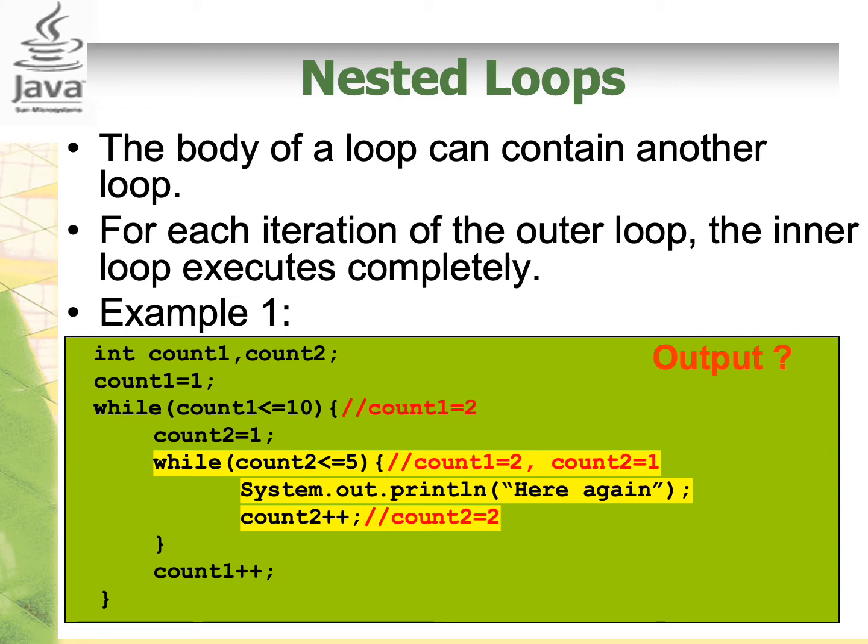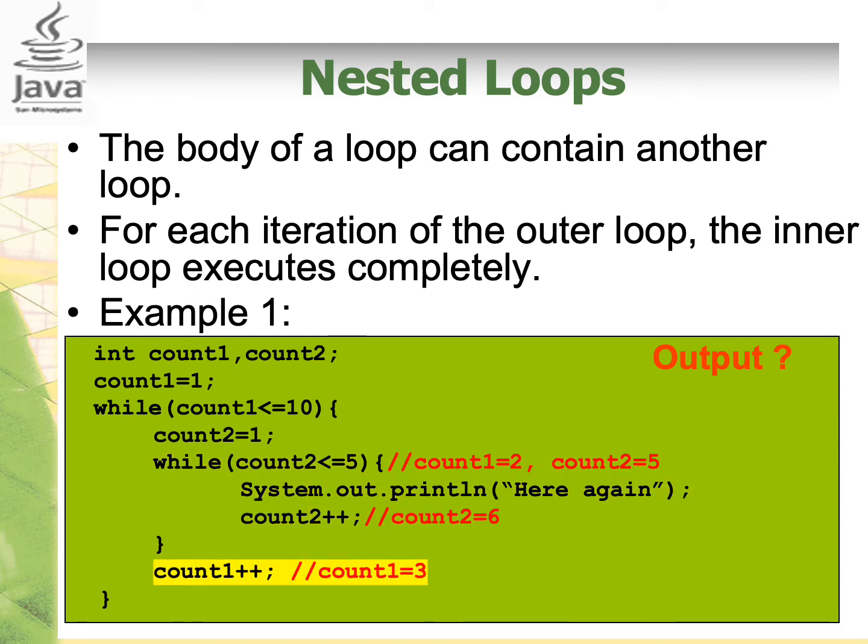So these steps are similar as before. Your count2 will start from 2 and then increment, it becomes 3, 4, 5, and 6. After count2 becomes 6, it exits the inner while loop and goes back to the outer while loop. So the last statement within the outer while loop is count1 plus plus. So the value of count1 is increased and becomes 3.